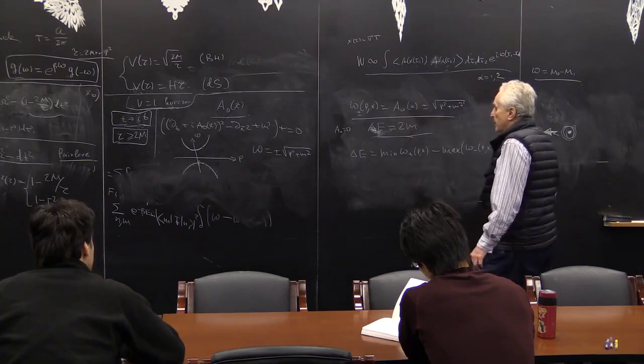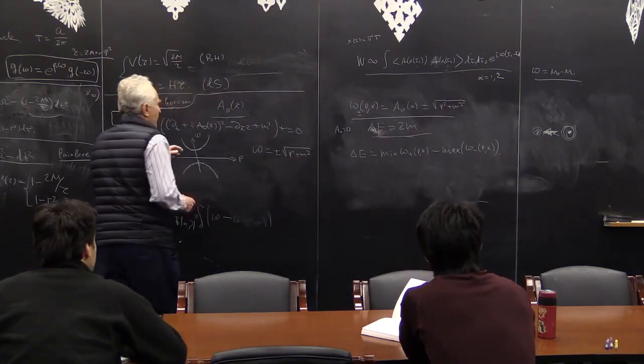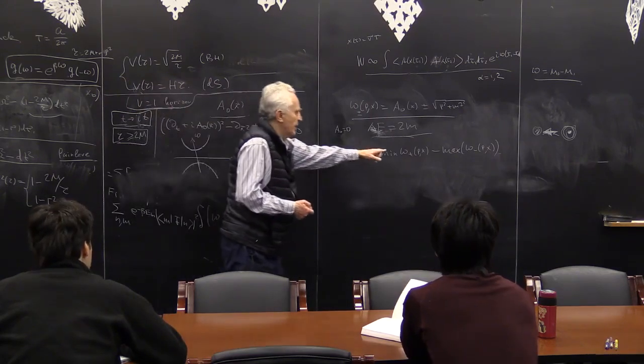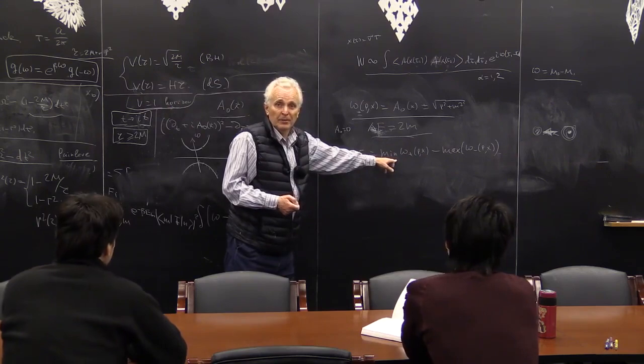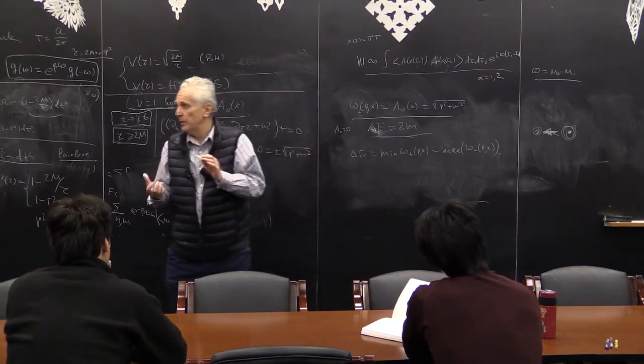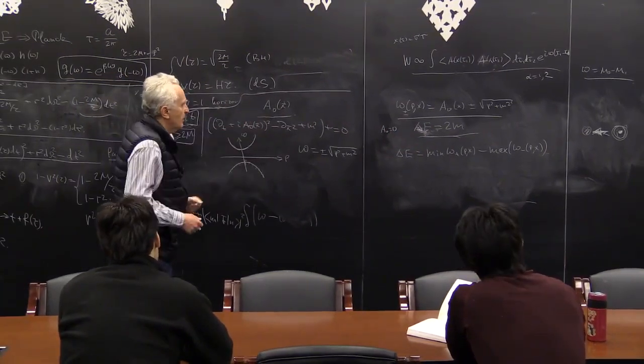This is because it's profitable to create a particle at such a position where its energy will be as small as possible. So this is a very general formula which will hold not only for this case but also for others.